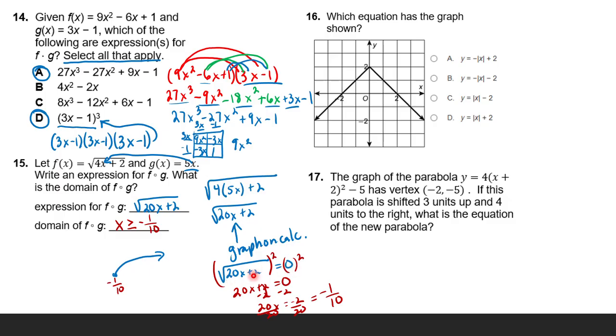So again, you're going to have something with a radical because this question is going to have a radical. So basically, whatever this is, plug it in for x, simplify it for part 1. Then for part 2, set it equal to 0. It's going to have the same basic shape because it's a radical, and you're just looking for what that starting point is. And then it's going to be x is greater than or equal to whatever your number is when you set it equal to 0.